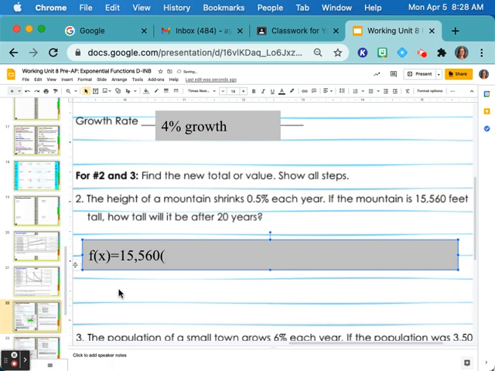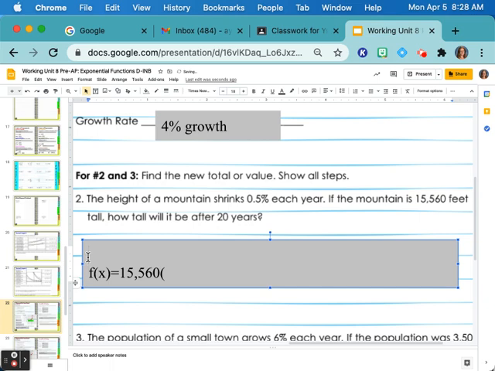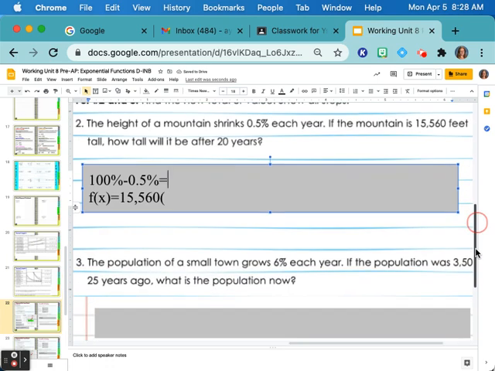And then we need to do, before this, I'm going to take the 100%, right? And you subtract 0.5% from it to find our growth rate. So it's a decrease, it's a decay, it's going down, the mountain is shrinking.